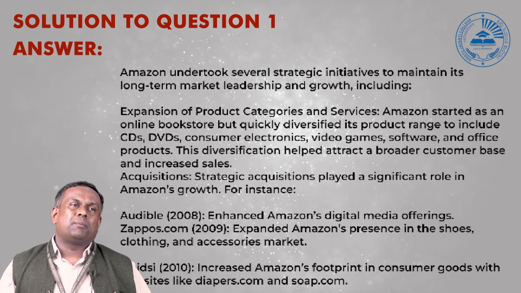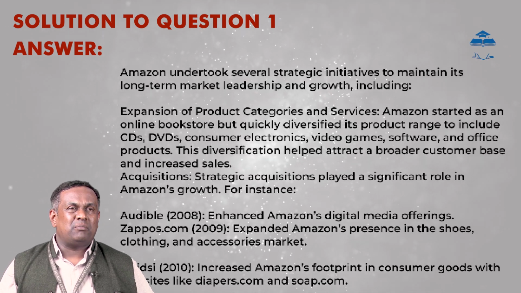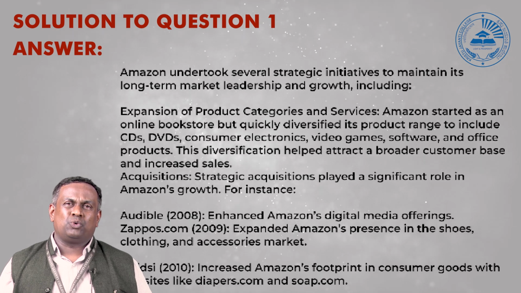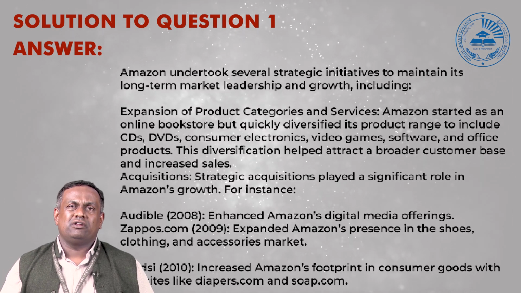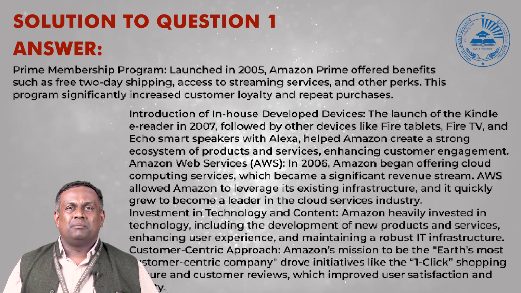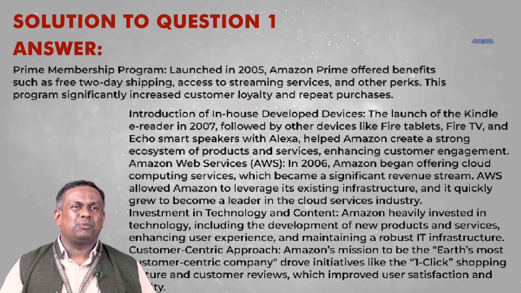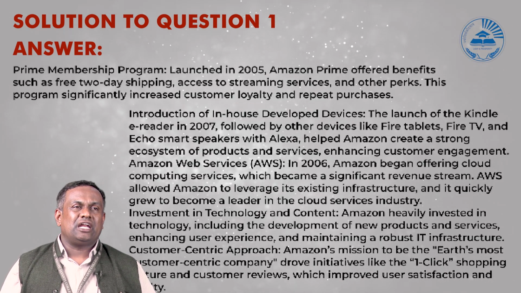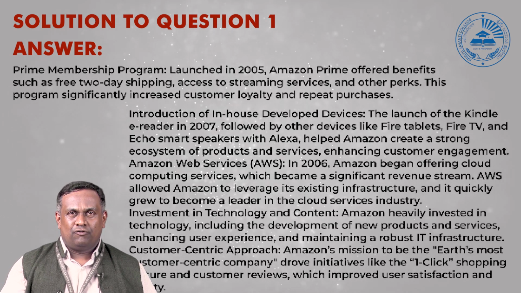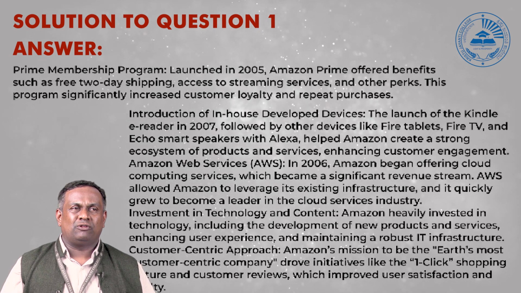One is the Prime membership program. When it started in 2005, it offered free shipping within 2 days. However, in India it is 24 hours, depending on the regional barriers. But generally it will be very quick delivery. It started in-house developed devices such as Fire TV, which offers Amazon Prime Video and so on.